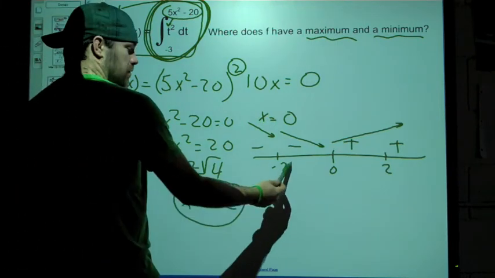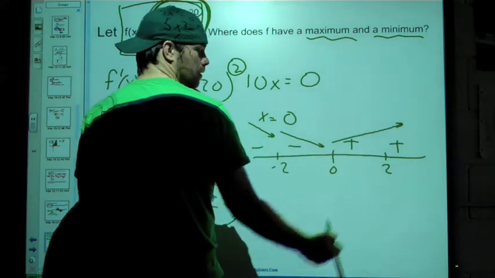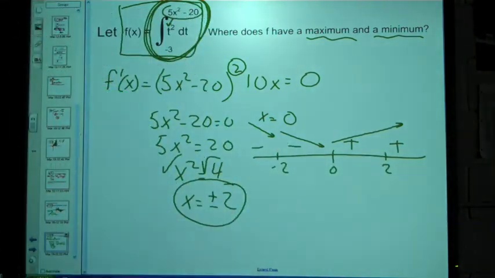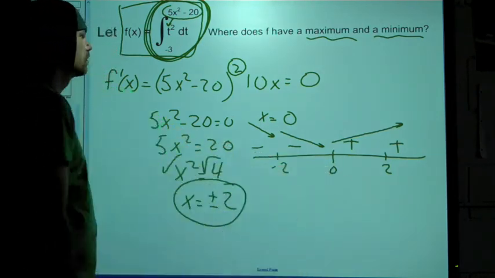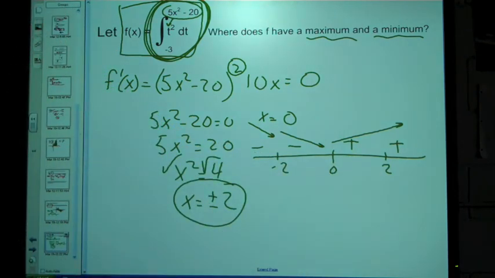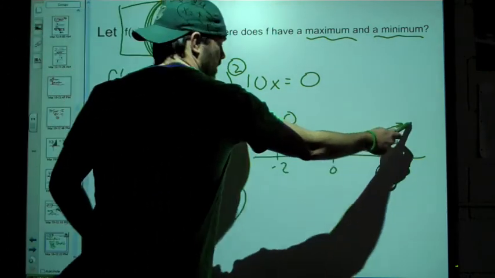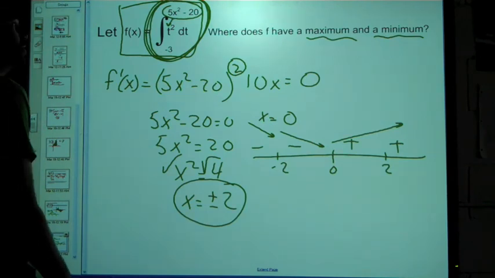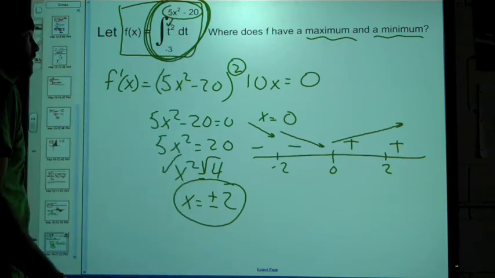There is no max or min at negative 2 or 2 because there's no change in sign. There's a minimum at 0, and there are no maxes. They'd be at negative infinity and infinity because we have no endpoints. So in this case, we would not have maximum values. So we have a minimum what? Minimum area at 0.